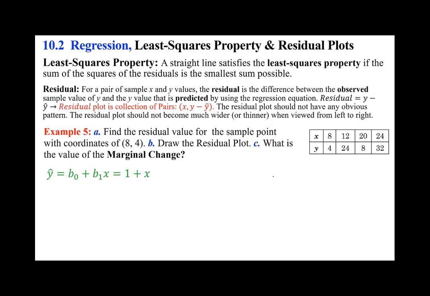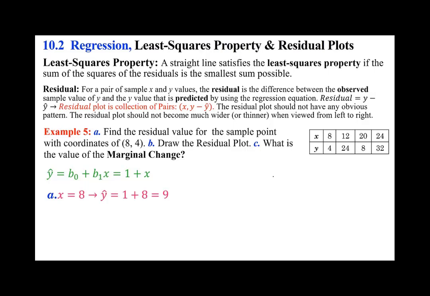We want to draw the residual plot and find the marginal change. Given the table, class, and given the equation y hat is 1 plus x, when x is 8, part A, we plug in and y hat becomes 1 plus 8, which is 9.